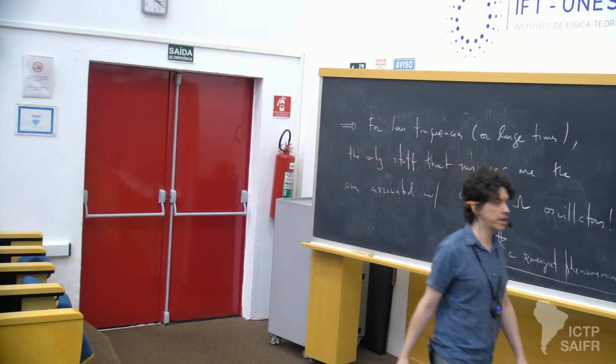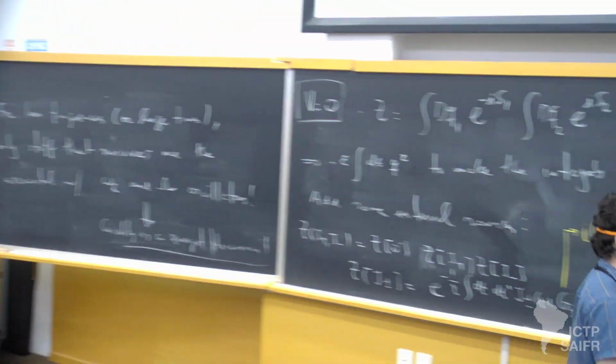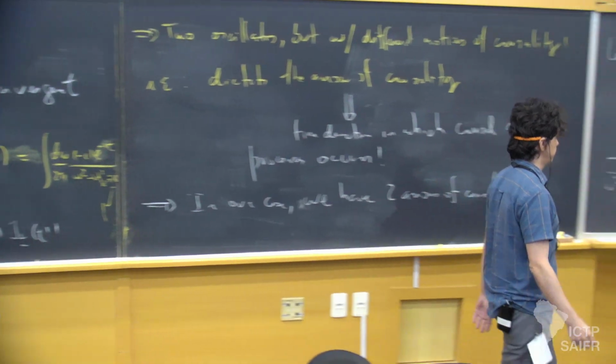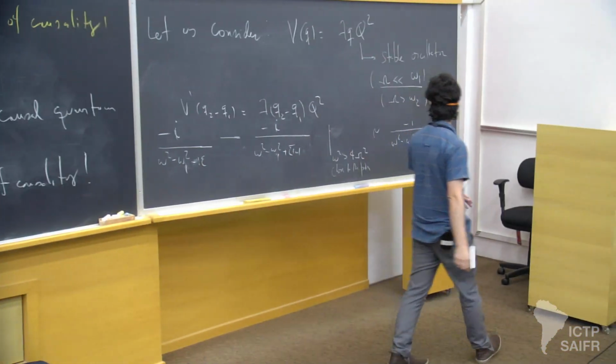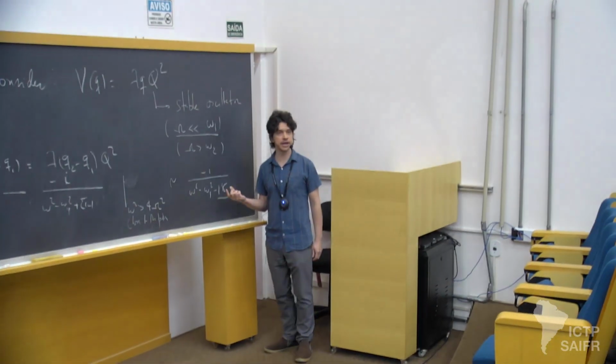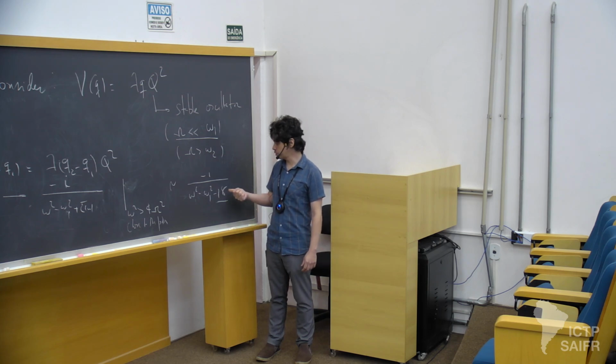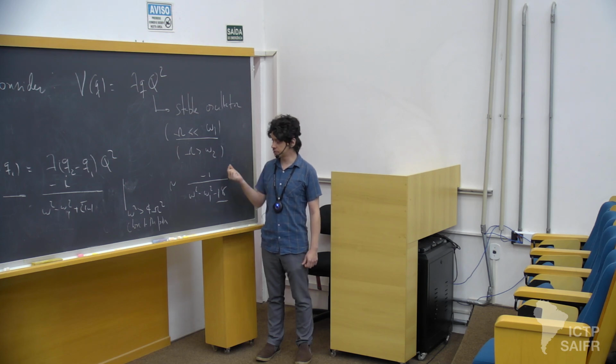Because as soon as you have frequencies of order of the width of this guy, or short times in comparison to the inverse of the width of this guy, then you cannot define a preferred notion of causality.